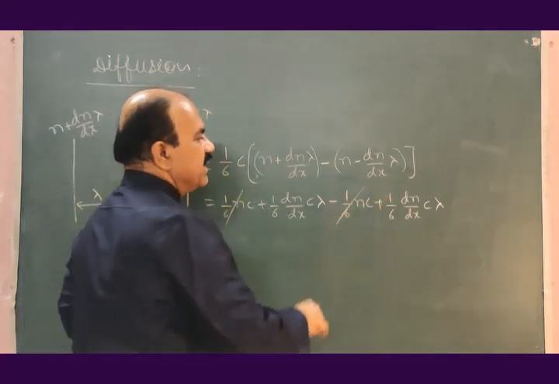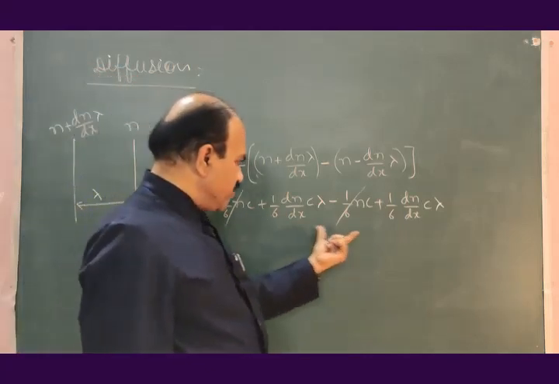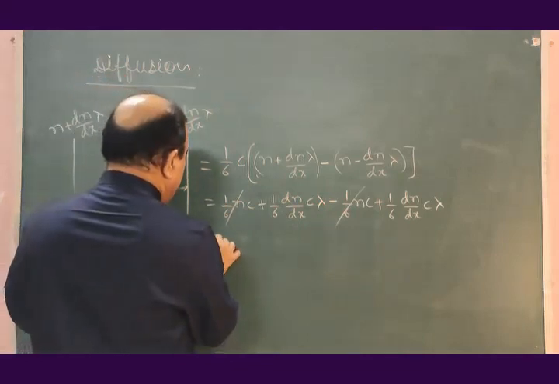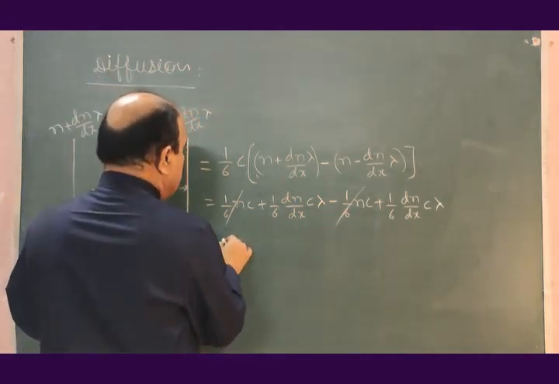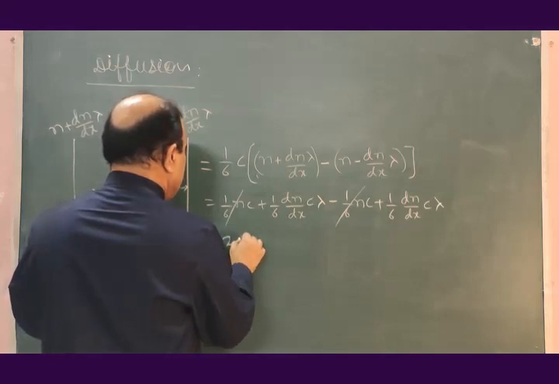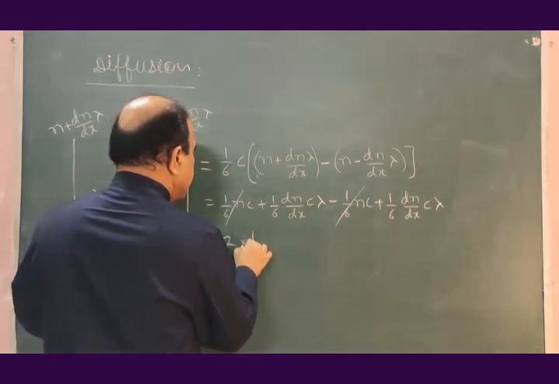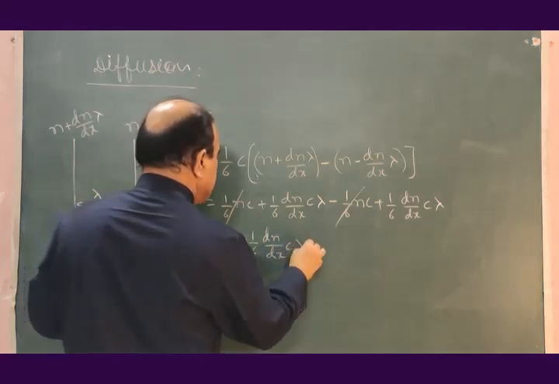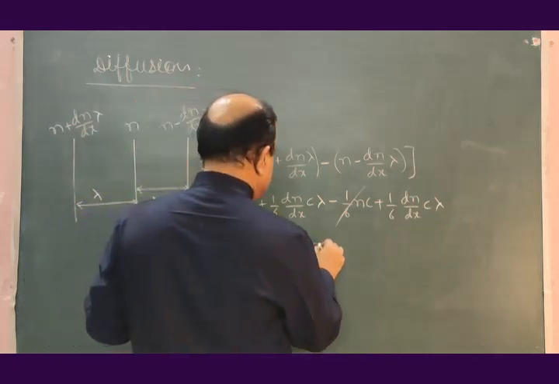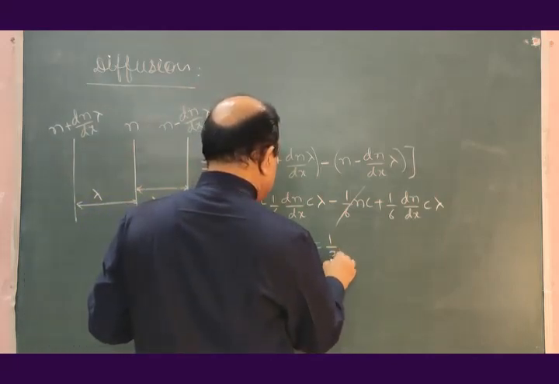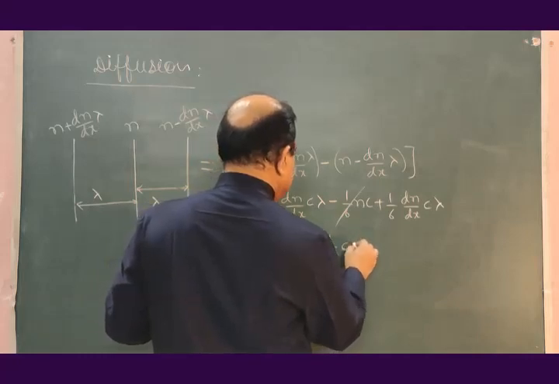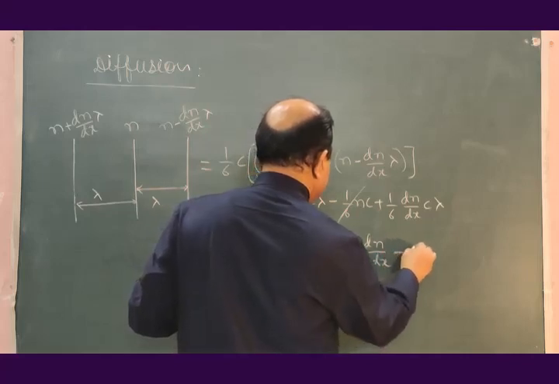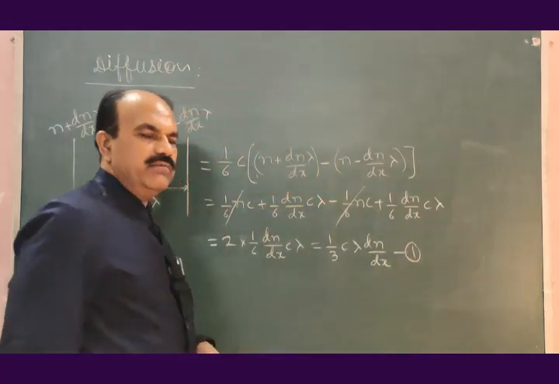These two terms will get cancelled with each other. These two terms are identical. Let us add these two terms. That will be equal to 2 times 1 by 6 dn by dx c lambda. This is nothing but 1 by 3 c lambda dn by dx, equation number 1.